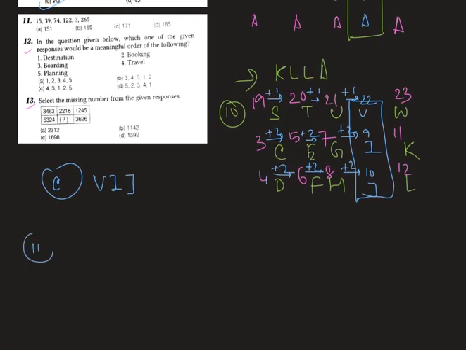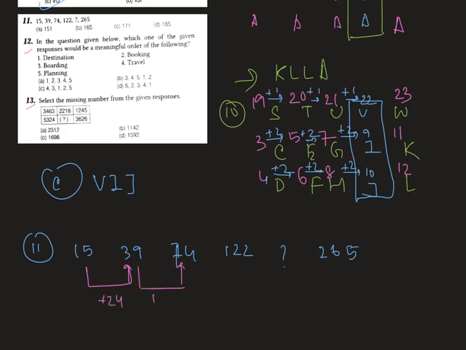Now let's try the next question. We are given a number series of 15, 39, 74, 122, question mark, 265. Okay. In this given number series, if we add 24 to 15, we get 39.